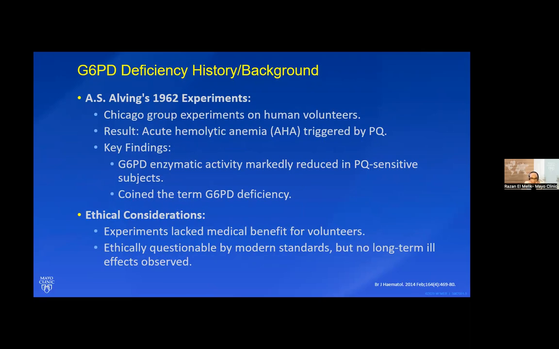Now, please note that, as far as ethical considerations, by today's terms, this experiment would not be replicated because it lacked medical benefit for volunteers and there was no consent. However, besides being ethically questionable, luckily there were no long-term ill effects observed. However, it also led to the discovery of the G6PD deficiency gene.